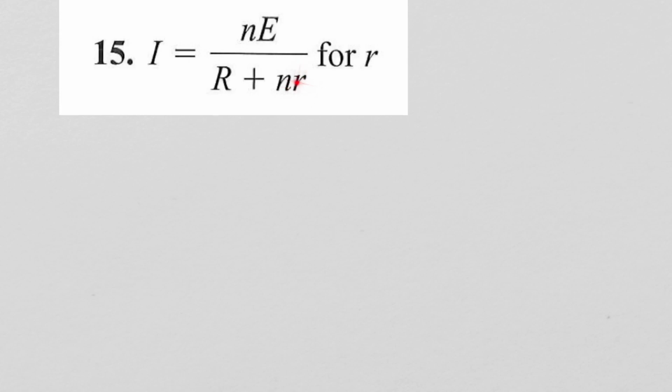Okay, we're solving for this little r here. So I'm going to write this, I is equal to n big E over r plus n r. I'm going to give myself a little more room. Now I'm going to get rid of this denominator by multiplying each side by that denominator.